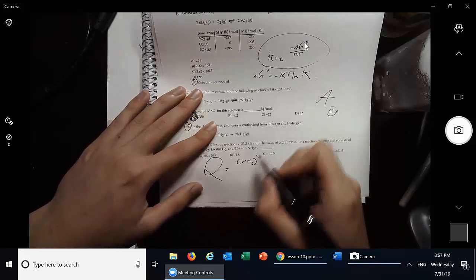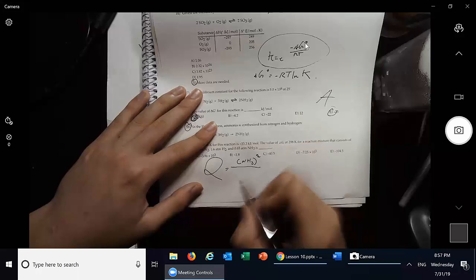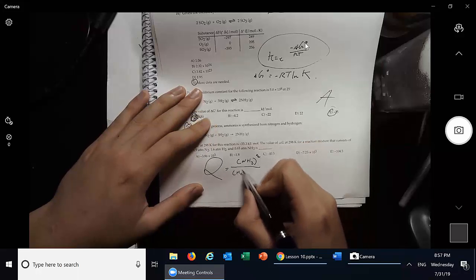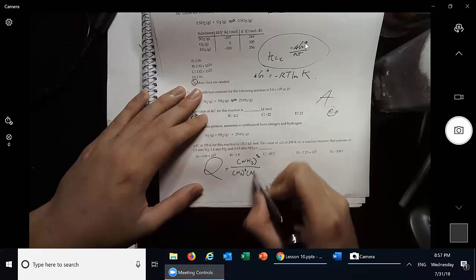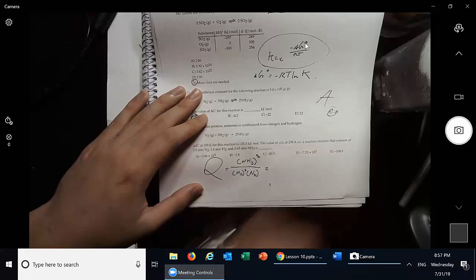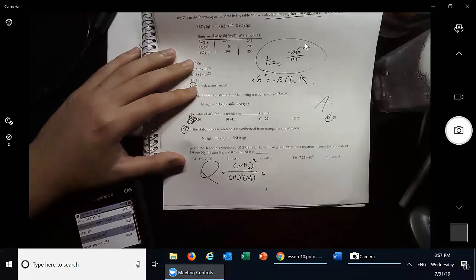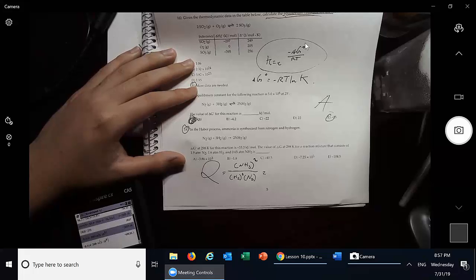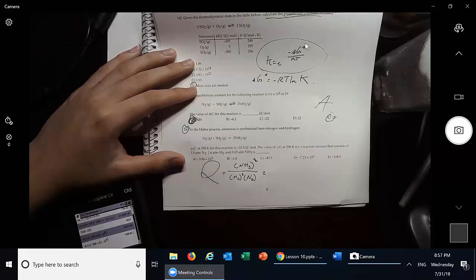Great. Divided by the other pressures, and that equals 0.65 squared divided by 1.6 cubed divided by 1.9 atmospheres.